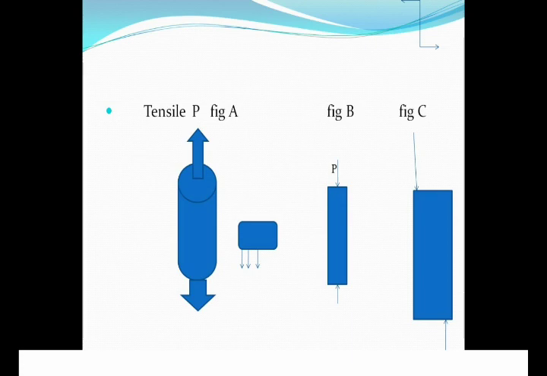So these are just schematic diagrams where we have seen the application. For any practical example, we can go for the tensile stress, the compressive stress and the shear stress. We will see in the next slide what the shear stress is and what the effect of the shear stress acting on the element is.